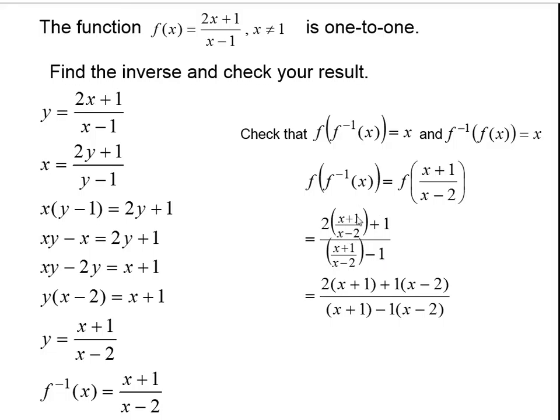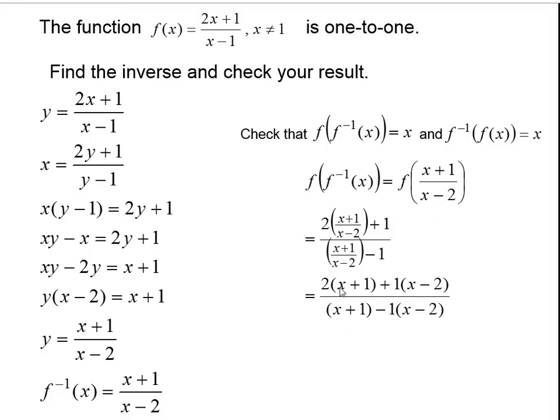Right, so the x minus 2 distributes here, the denominator wipes out, I'm left with 2 times (x plus 1), and then I have the 1 times (x minus 2). Again, just showing you what I did was multiply top and bottom by x minus 2, distribute to both terms, and I get this result here, and then distribute downstairs, and I get this result here, and it gets rid of that compound fraction for me.